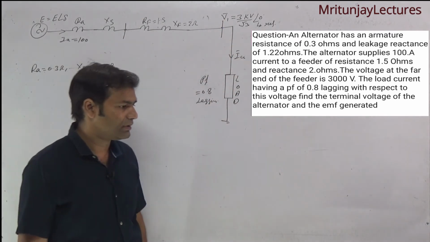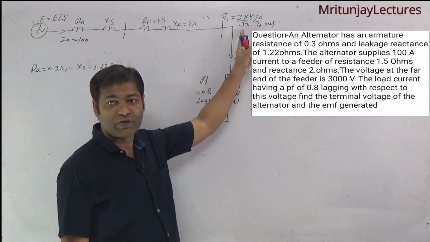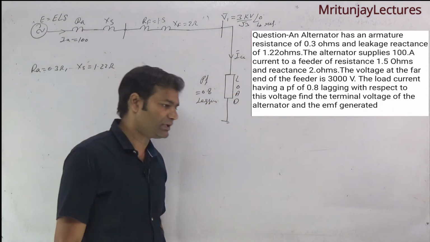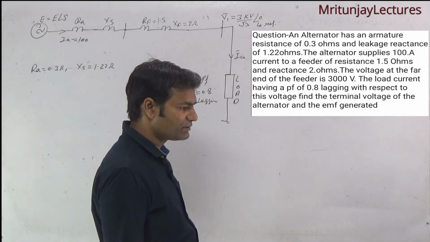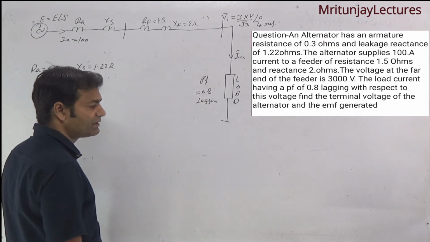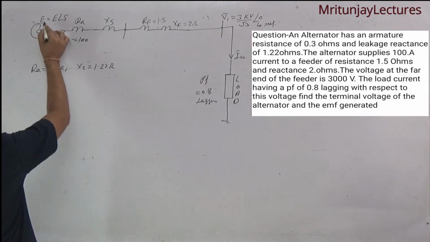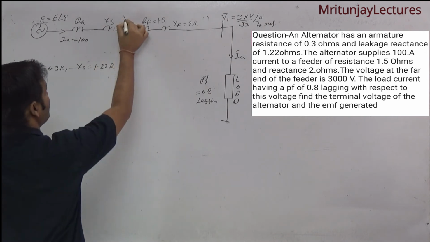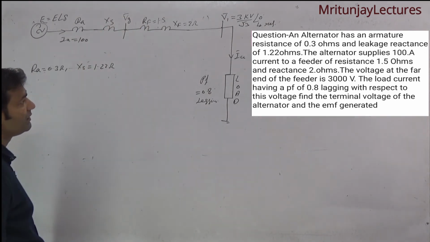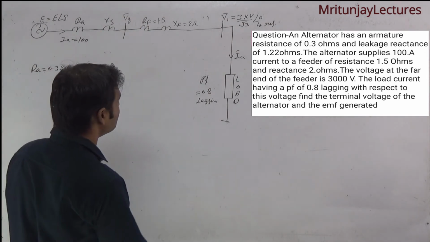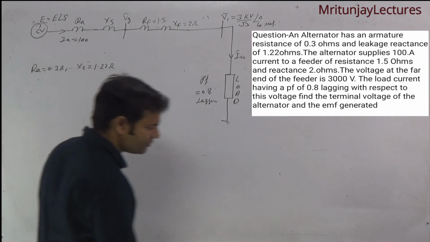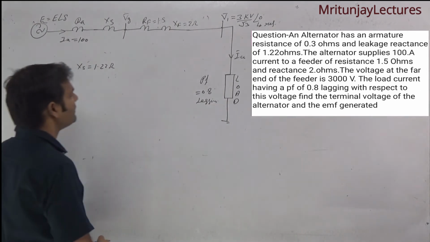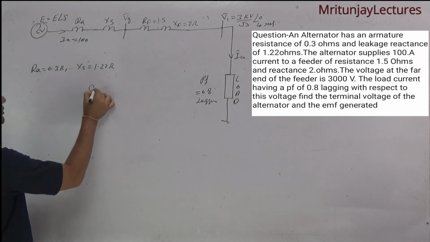It means V1 is taken as the reference voltage. After that, find the terminal voltage of the alternator and the EMF of the generator, means determine the excitation voltage and VG. Clear?